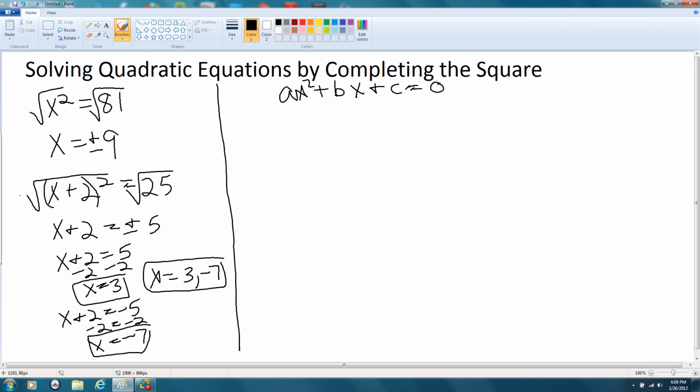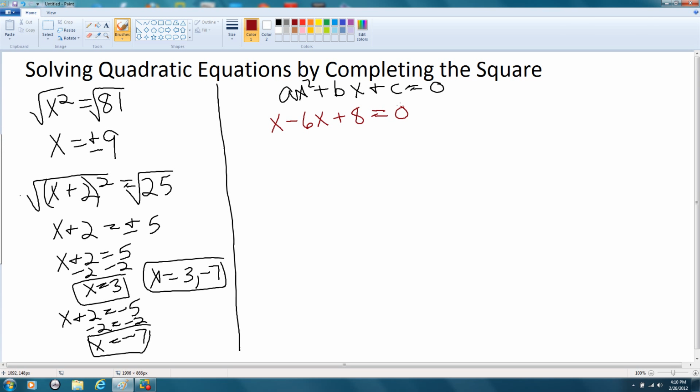Right now, we're just going to do it with a particular sample. So, for example, let's say I have x squared minus 6x plus 8 is equal to 0. And I could factor that and solve it that way, but I'm not going to.